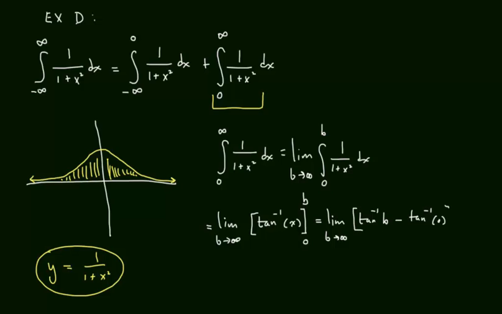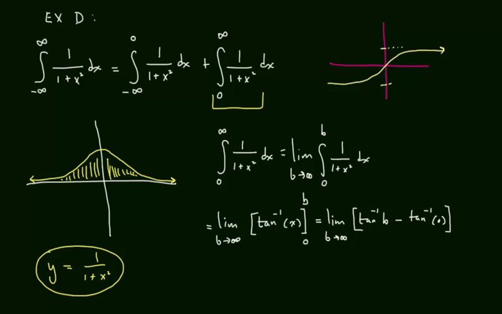Now from your pre-calculus class, you should have a working knowledge of the graph of the inverse tangent. It will help you in this problem. The inverse tangent does this here. It approaches an asymptote, top and bottom. So the question is, what is that asymptote?